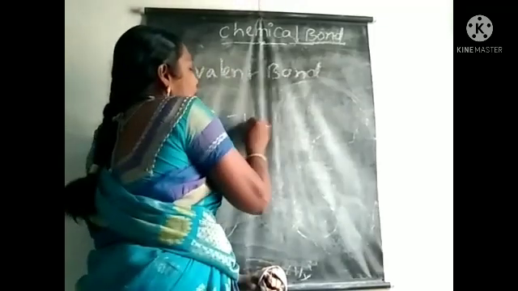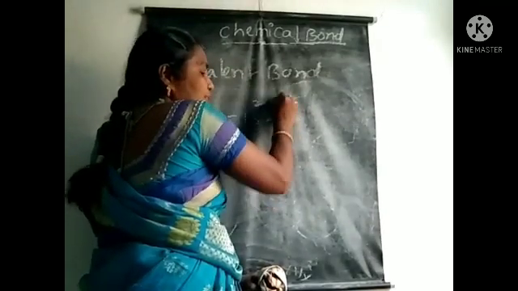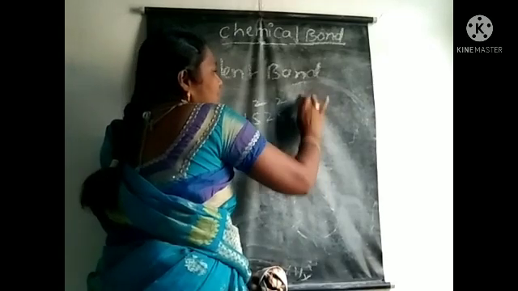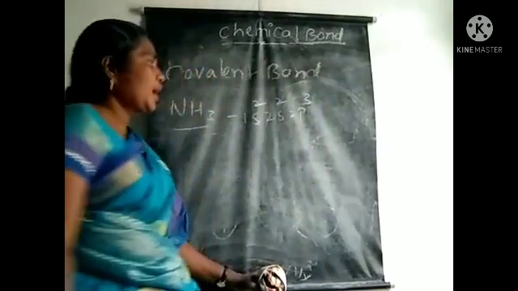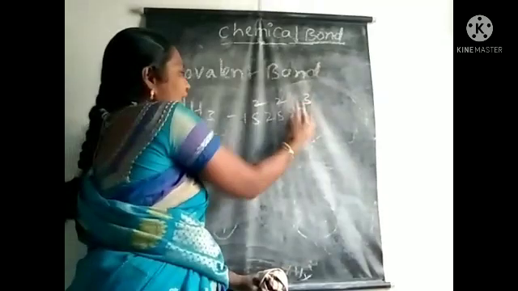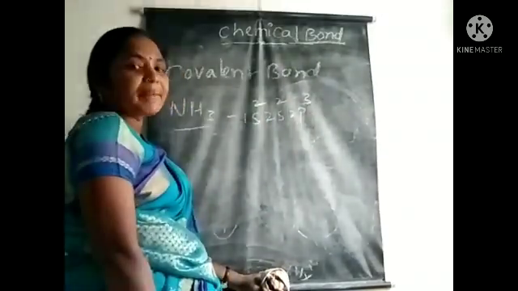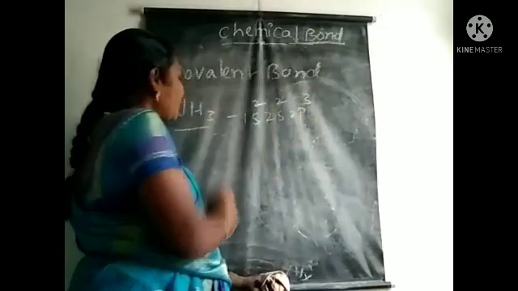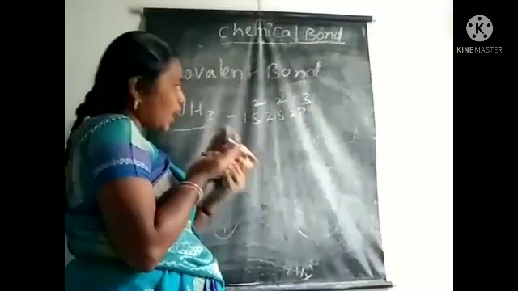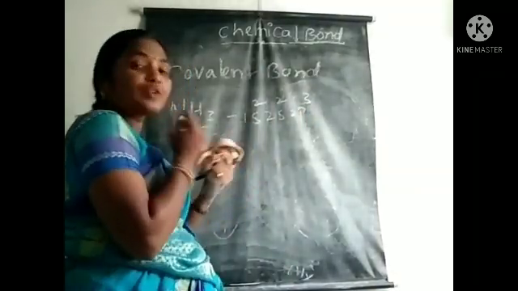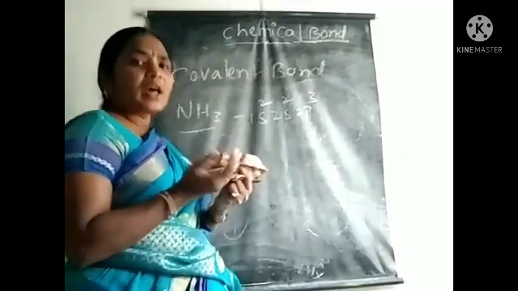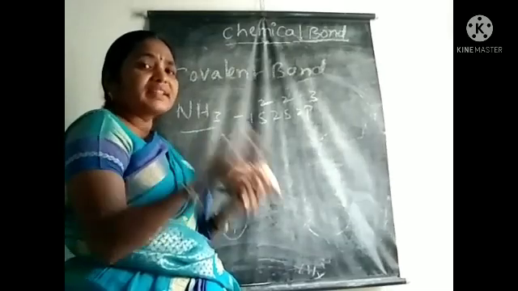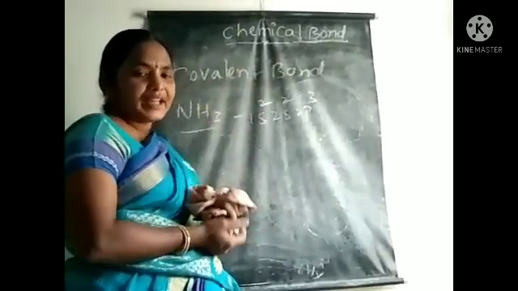1s2, 2s2, 2p3. Here, 3 electrons are present in the outermost shell of nitrogen. Nitrogen wants to attain the nearest inert gas configuration. It waits to take 3 electrons from another atom.